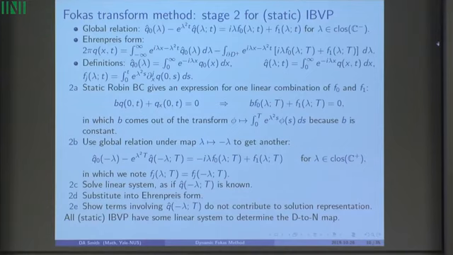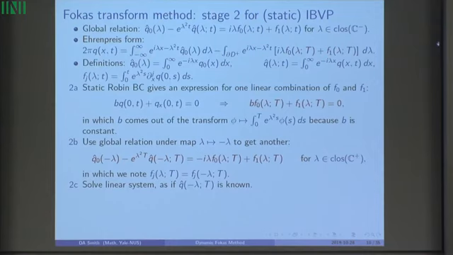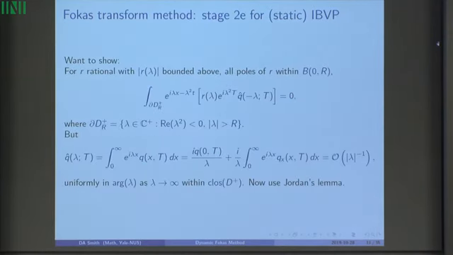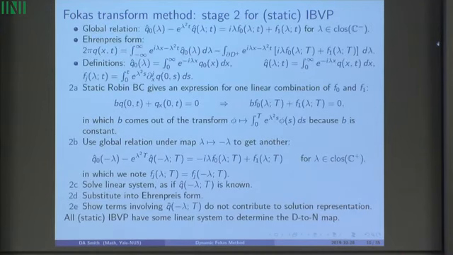We're constructing F0 and F1 directly, and that's why we're able to express it as a linear system rather than any kind of complicated integral equation. So therefore, it was crucial to apply this lambda to minus lambda map in the global relation earlier on so that we get something that we could actually substitute into an equation that is talking about an integral in the upper half plane.